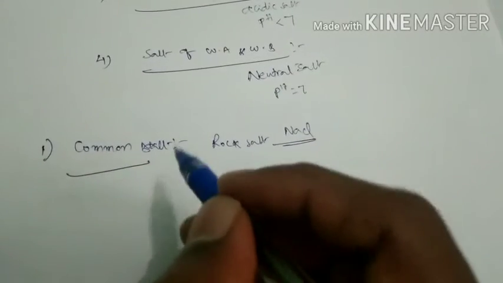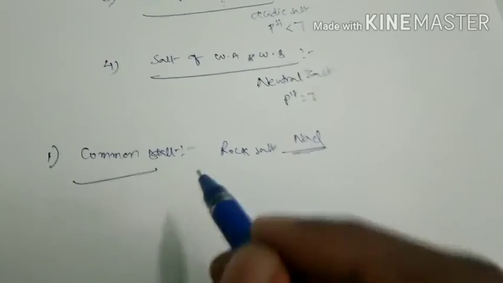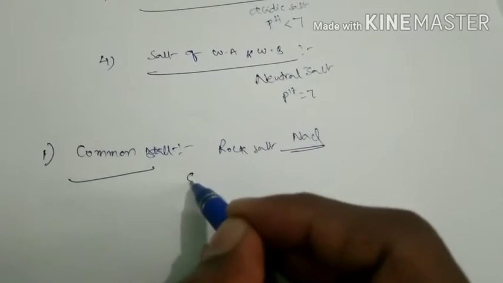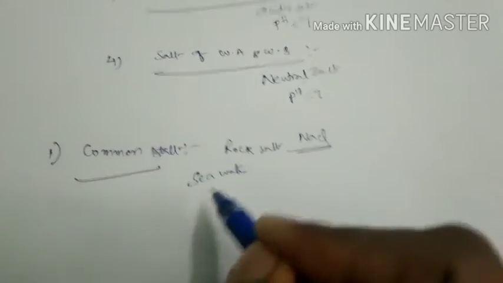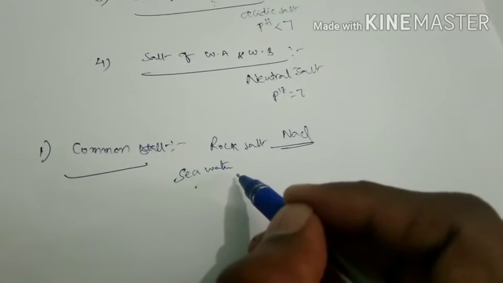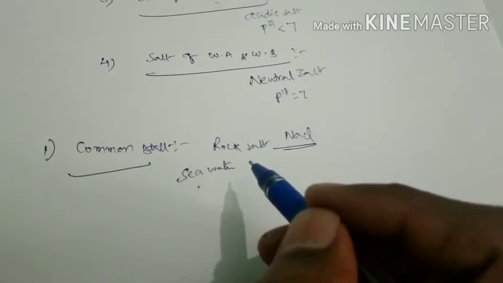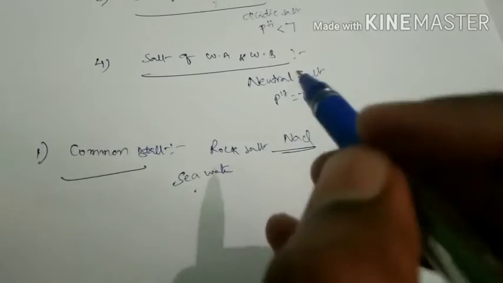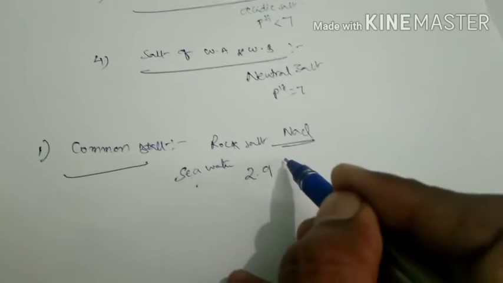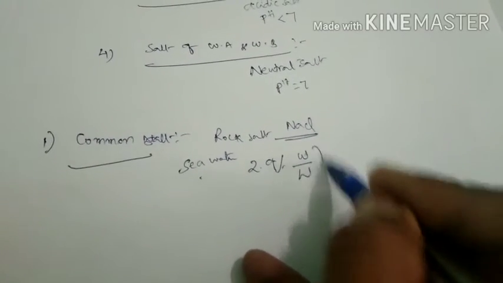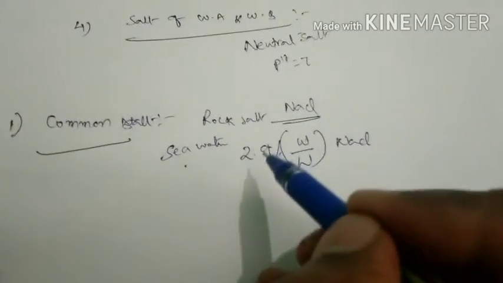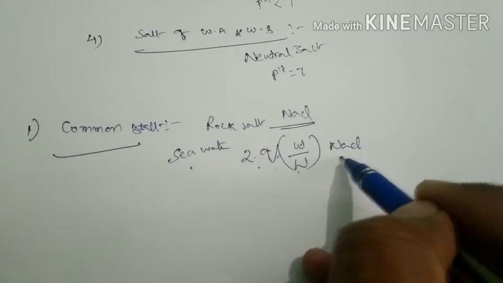So the first point is the raw material. The major source for common salt or rock salt is seawater. Seawater is the major source for sodium chloride. That means a major amount of salt is present in seawater. That means 2.9% w/w NaCl is present in seawater. What is the meaning of 2.9% w/w NaCl in seawater?